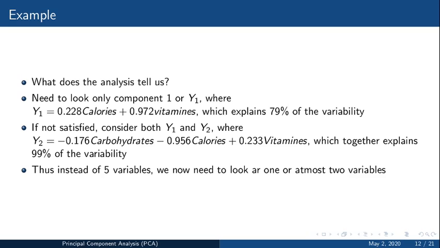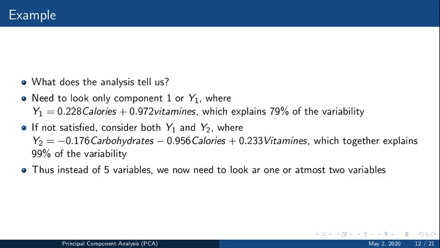So if you are satisfied with that variability, instead of 5 variables, you can stop with only one variable y1. If you are still not satisfied, consider both y1 and y2, where y2 is minus 0.176 carbohydrates, minus 0.95 calories plus 0.233 vitamins, which together explain 99% of the variability.